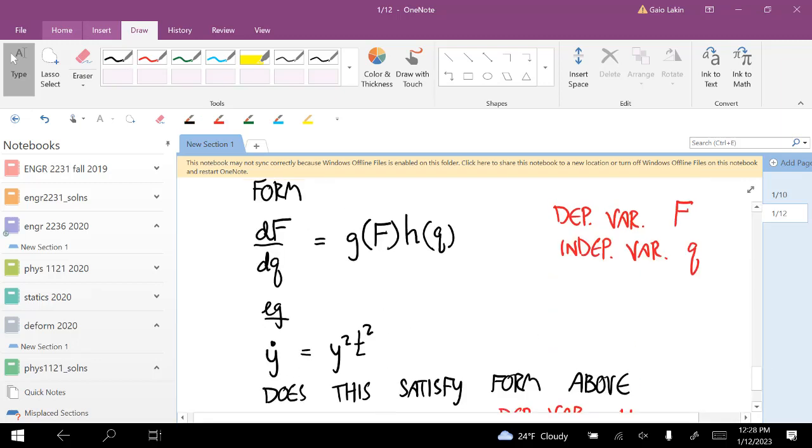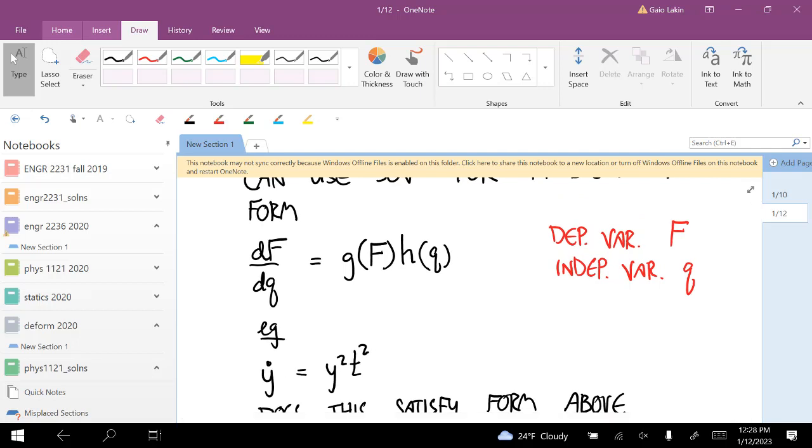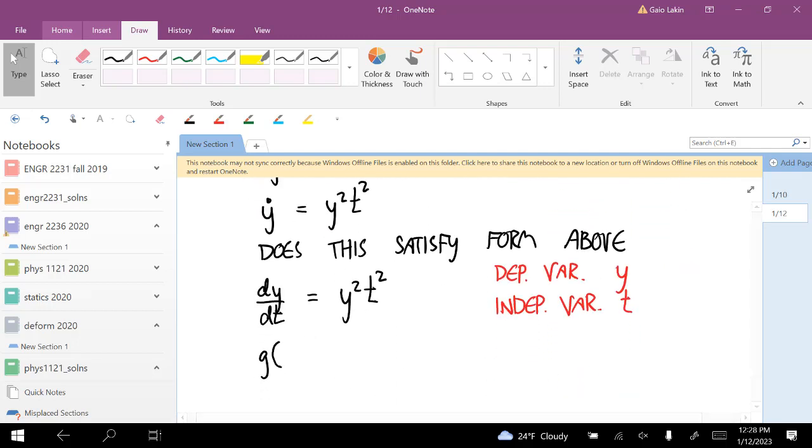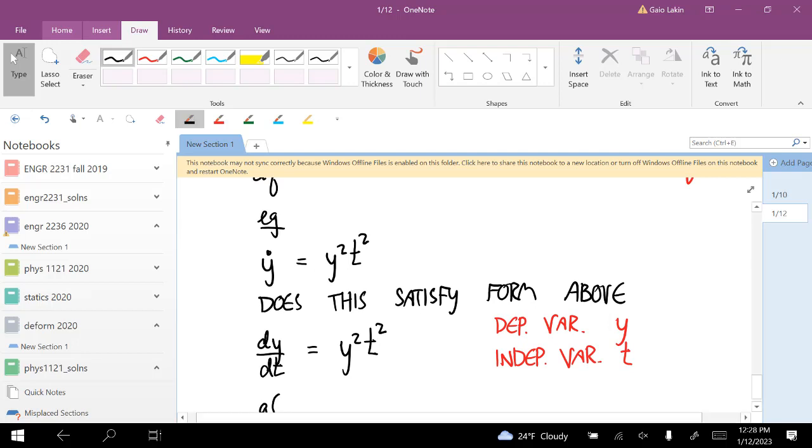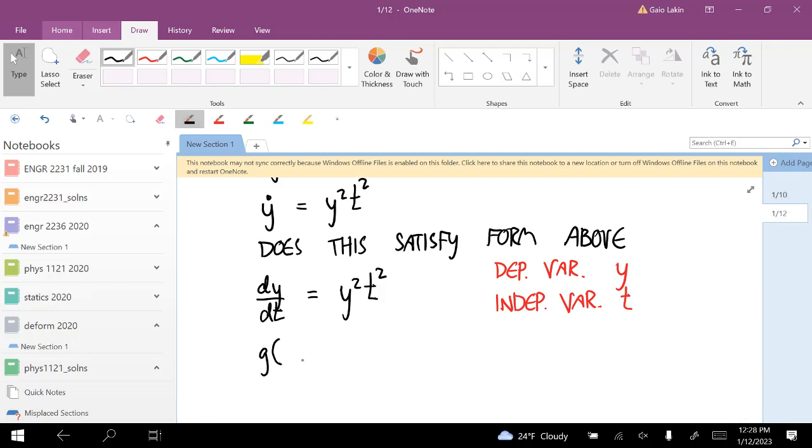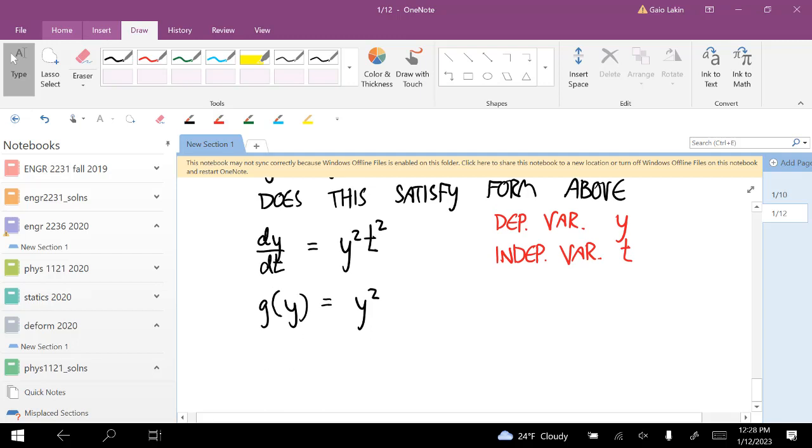Okay, so to satisfy this form, what's the function of our dependent variable in this differential equation? Y squared, yep. And then what's our function of our independent variable, t? T squared, yep. And then we're just multiplying those two functions together.